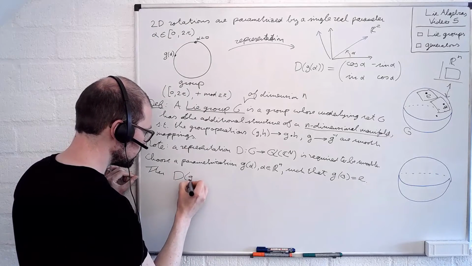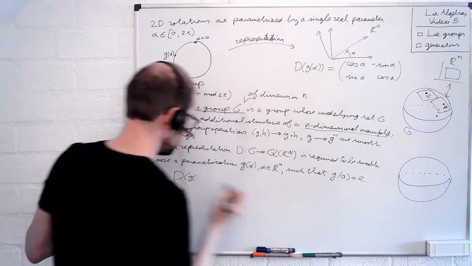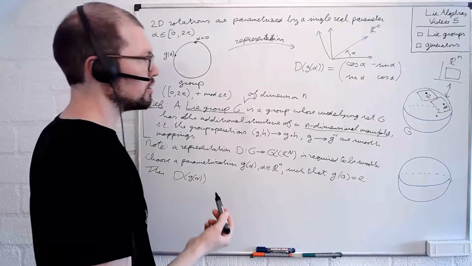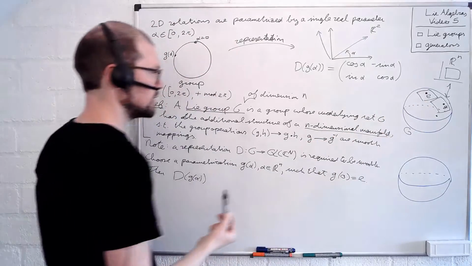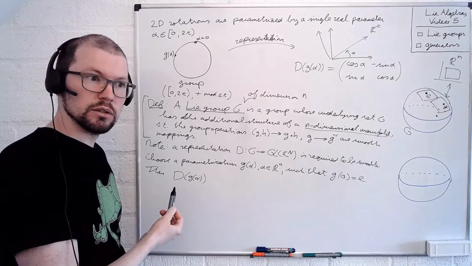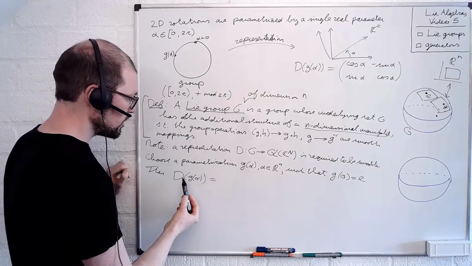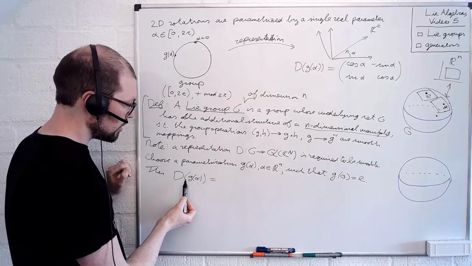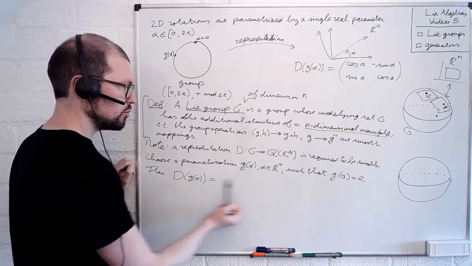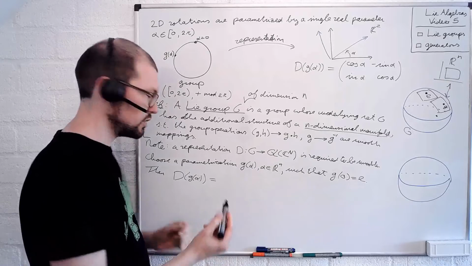Because if I now look at the matrix associated to an element G of alpha that is close to the identity, and since I'm requiring the representation to be smooth, I can perform a Taylor expansion on this matrix. So I can approximate it by the value of the representation at the identity element, so alpha equal to 0. But this is the identity element, so any representation of the identity element should be the identity matrix.